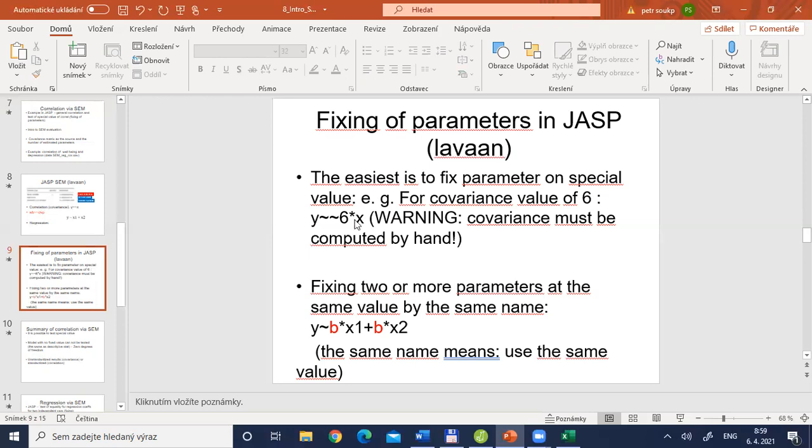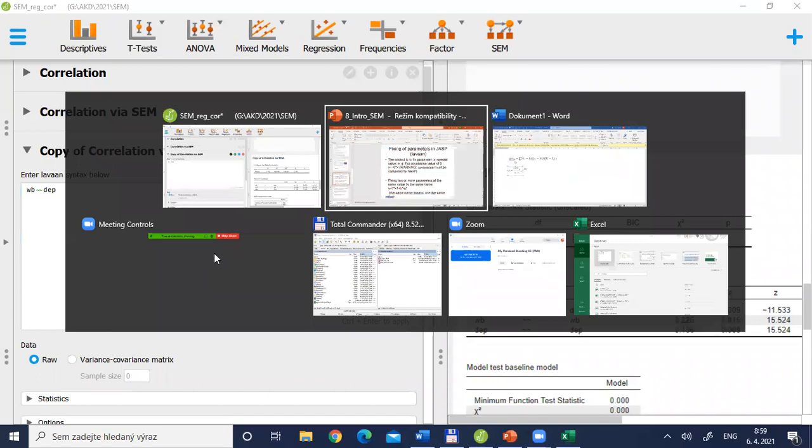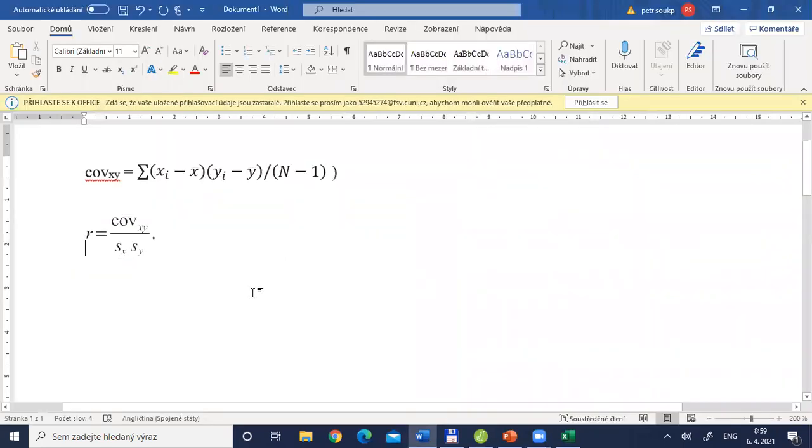Unfortunately, it is impossible to type here the value of correlation, but I must type here the value of covariance. So first of all, I must somehow recompute the correlation minus 0.6 into covariance. It would be quite easy, I guess. If I go back here once again to these equations, I would like to compute covariance from correlation and standard deviation.